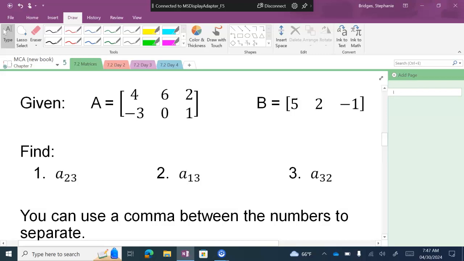So we have 2 matrices. We have A and B. The capital letters are the names.